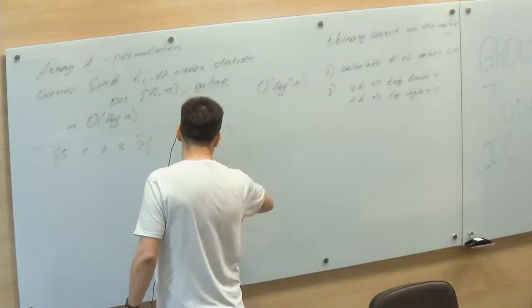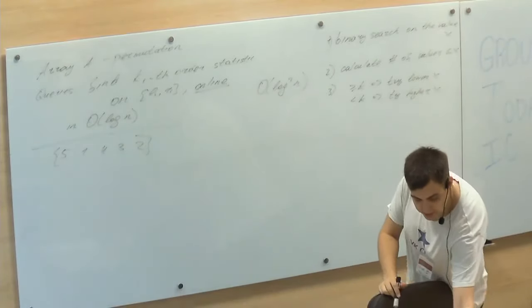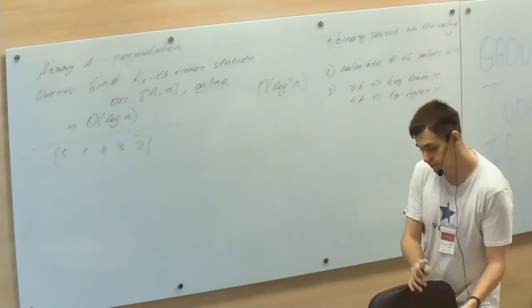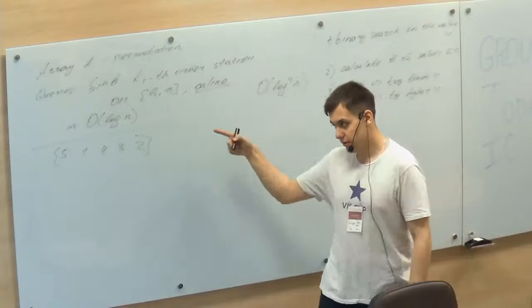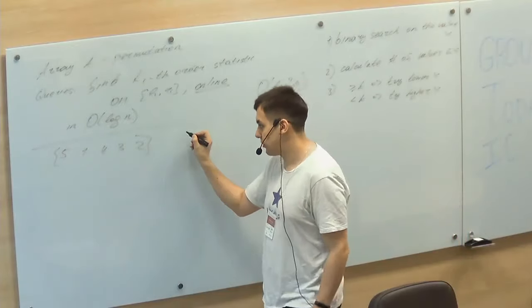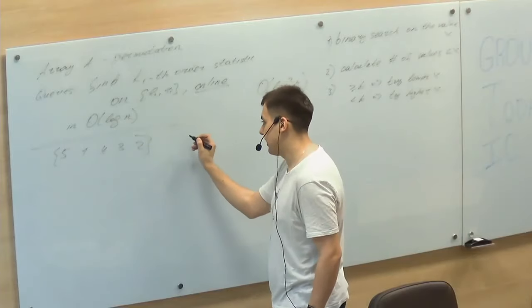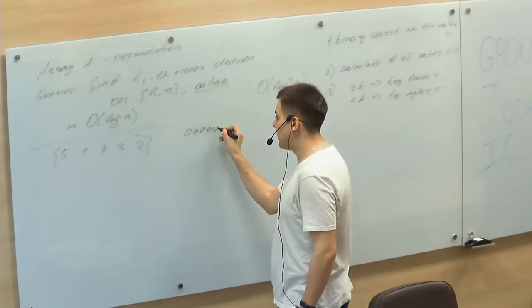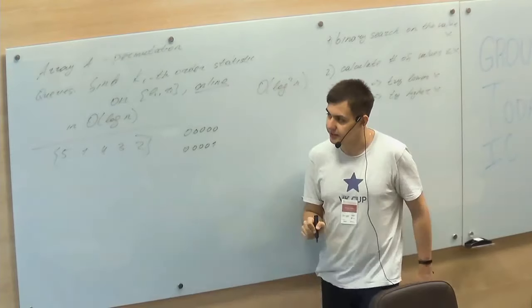So again, we have the same array. And then we will add values from left to right. So first of all, we add the value on the 5th position. So initially we have 5 zeros. Then we have 1 in the last position.